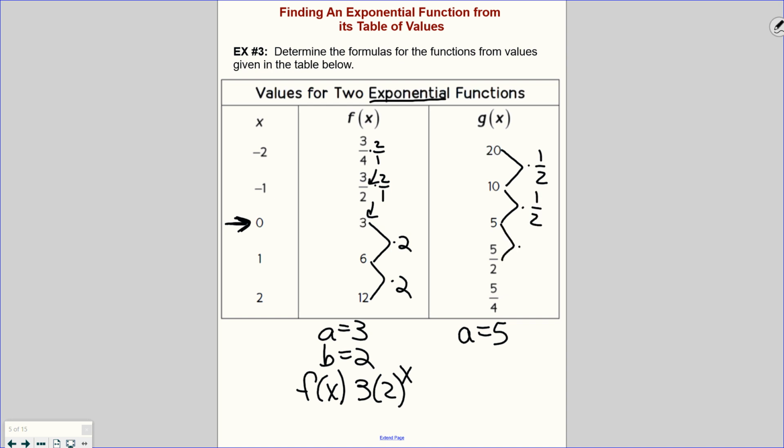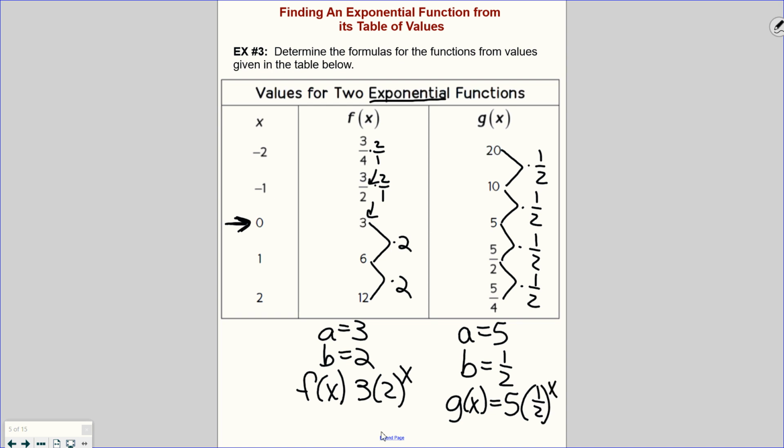And if we check, we can see that we're still doing that all the way down. We're multiplying by 1/2. So that means that b is 1/2, because that's what I'm multiplying by. So always think, what are you multiplying by? So that means g of x would then be 5 times 1/2 to the x.